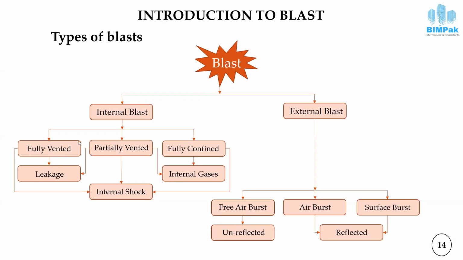Whereas in case of fully confined blast, it will create shock wave, and at the same time it will create internal gases in the building. And as it is fully confined, no energy will be released to the atmosphere.